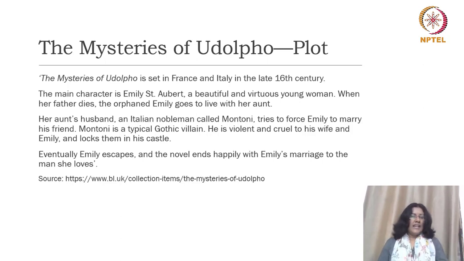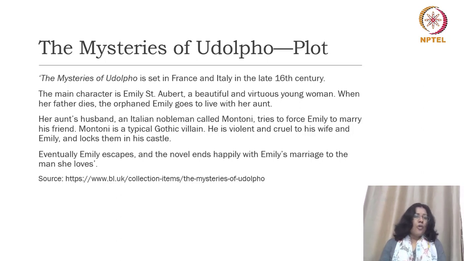So the aunt's husband is this Italian nobleman called Montoni, who tries to force Emily to marry his friend Moreno. So Montoni is this villain. He is the key villain of this novel. He's a typical Gothic villain. He is extremely cruel, violent.